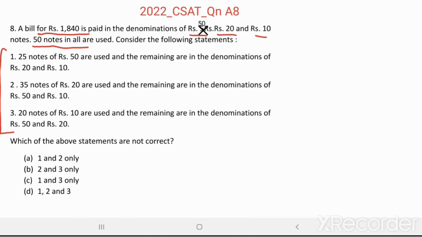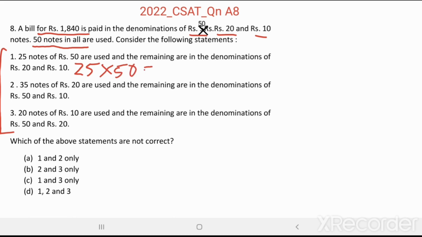Now, let us check the first statement. 25 notes of rupees 50 are used. 25 notes of rupees 50 equal to 1250 rupees. So, using 25 notes of rupees 50, 1250 rupees is paid.